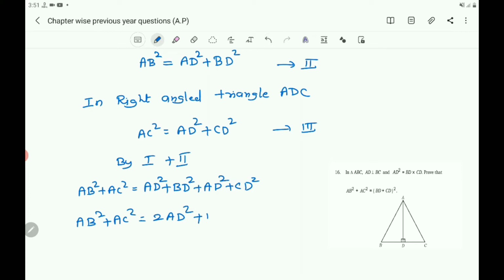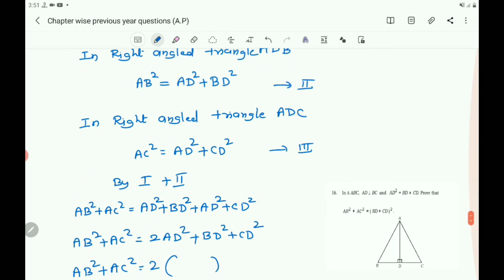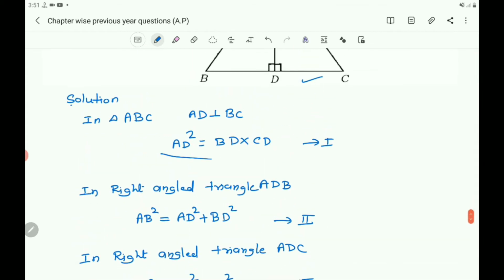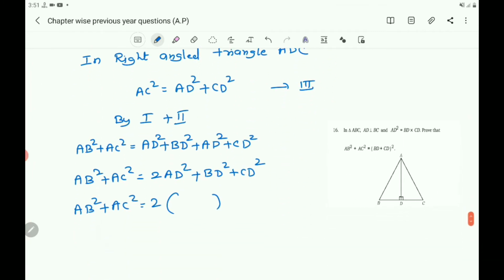Then you write AB square plus AC square equals 2 into, in the place of AD square, here AD square is equals to BD into CD is given. So you write BD into CD plus BD square plus CD square.